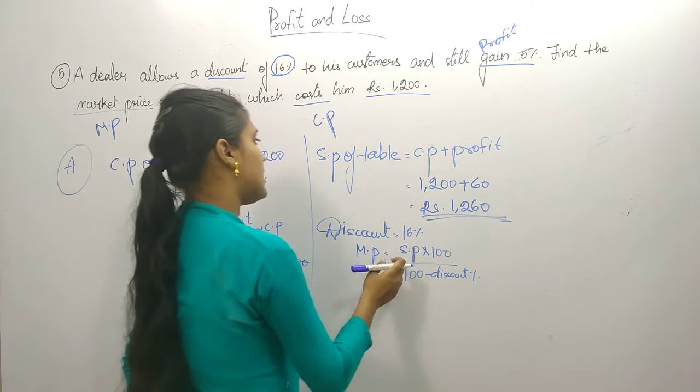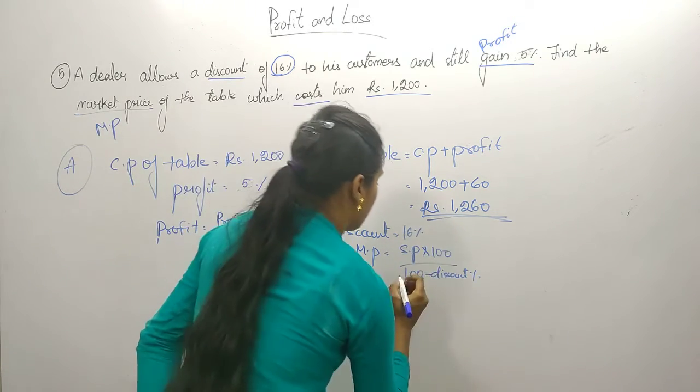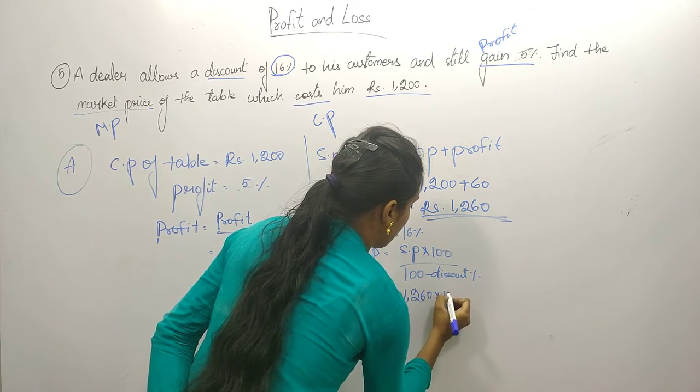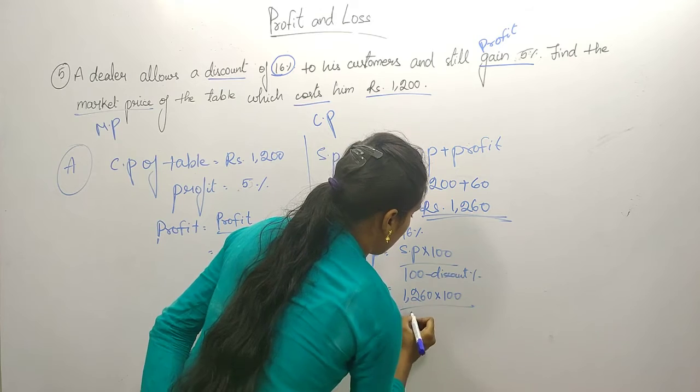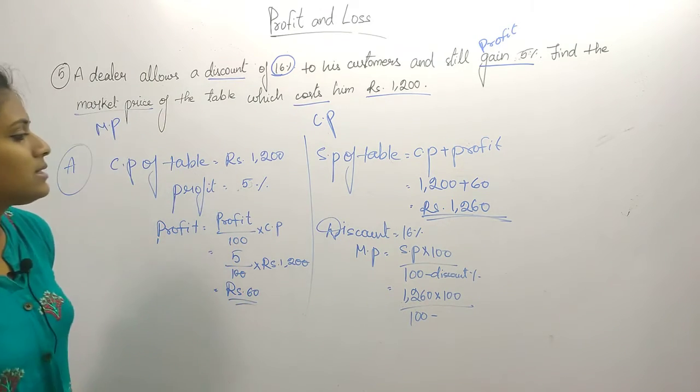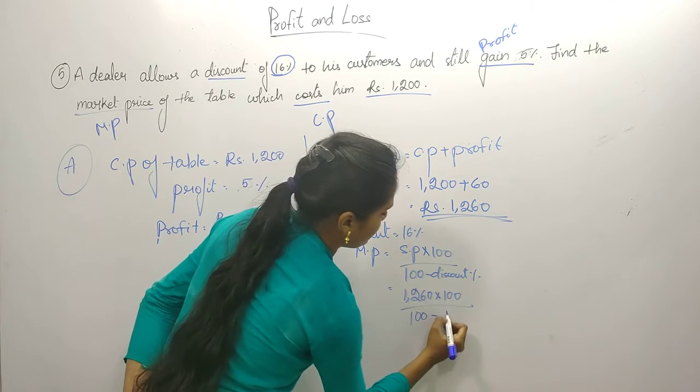Substitute this. Selling price, how much did you get? 1260 into 100 by 100 minus discount, which is 16.